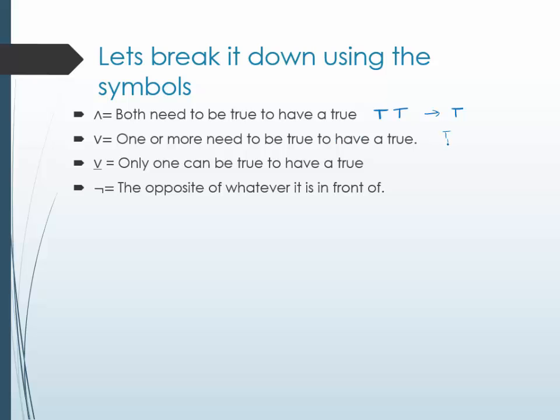Remember, that is true, true, true, false, basically. That's that column. This one would be true, false, false, false, for our basic P and Qs. For exclusive disjunction, only one can be true to have a truth. That's what this one means. That is false, true, true, false. And then lastly, negate is the opposite of whatever it's in front of. You can't really write anything about that.